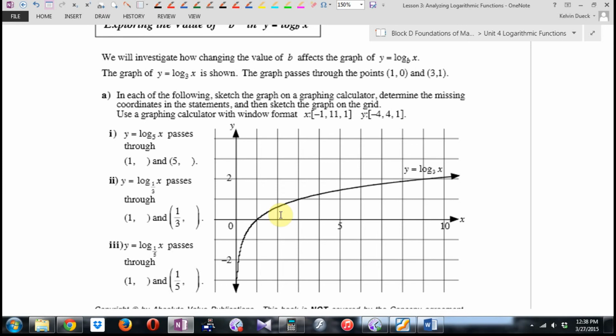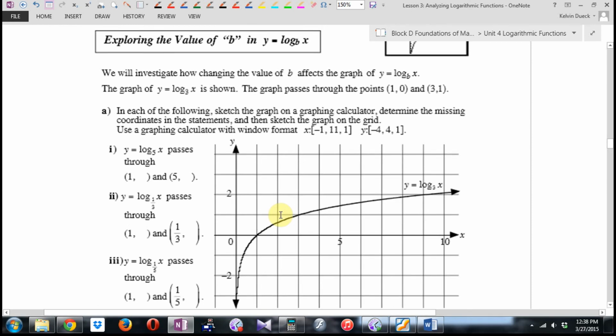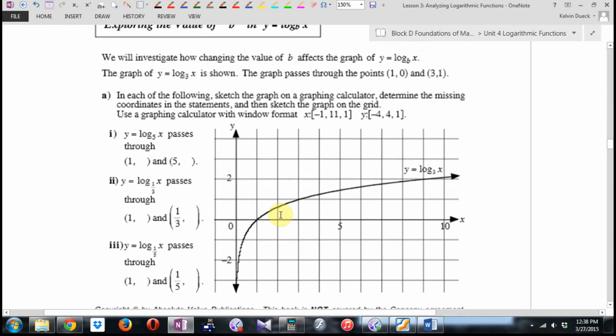It says, exploring the value of b. In each of the following, sketch the graph on a graphing calculator. Use the graphing calculator with this window. Okay, you ready? Let's use the technology.